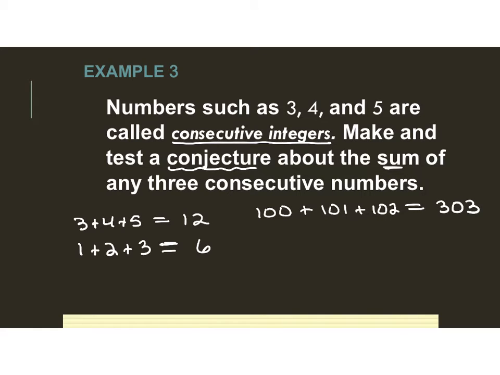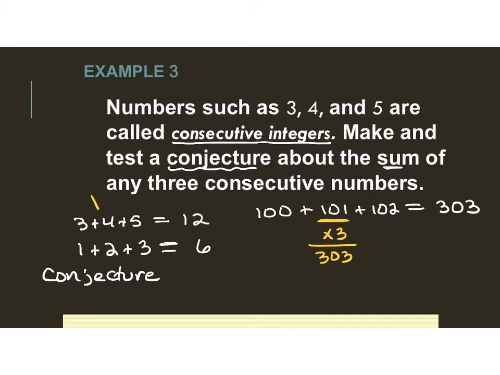Now I'm going to go back and see if I can figure out some kind of statement that I can relate the sum to these series of consecutive integers. So a conjecture that I could make, if you notice, it looks like they're taking the second number in your consecutive integers, like the 101, and it looks like they're multiplying it by 3, and that will give me the sum.